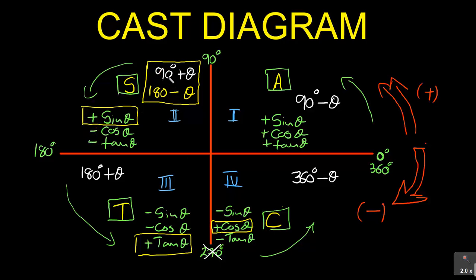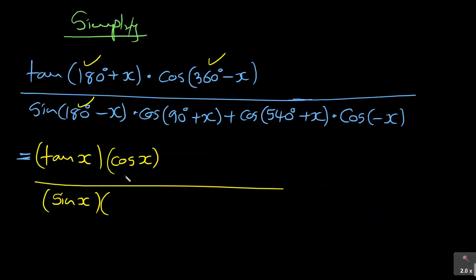Cos is negative in the second quadrant. You can see 90 plus cos is negative, so you're going to use the sign of cos. Why? Because we are dealing with cos, so it's going to be negative. Now the cofunction of cos is sine, then it becomes sine x. Remember, from cos 90 to sine x, and then you've got plus.